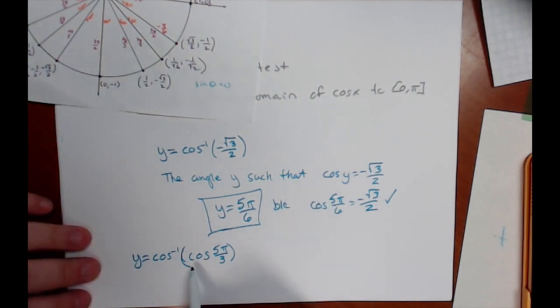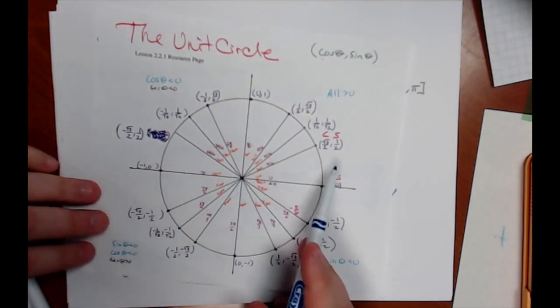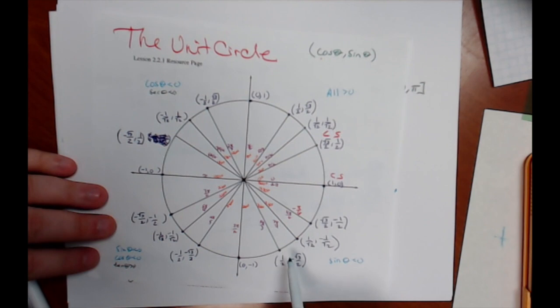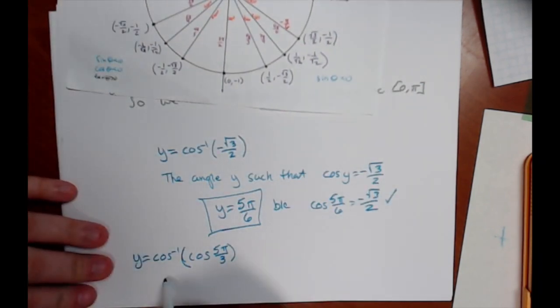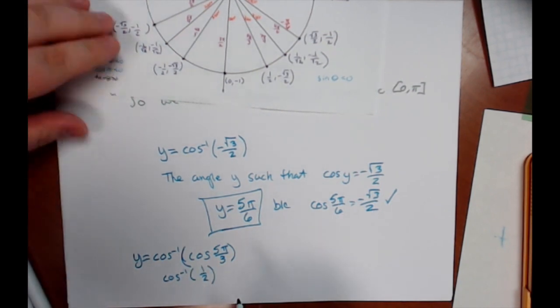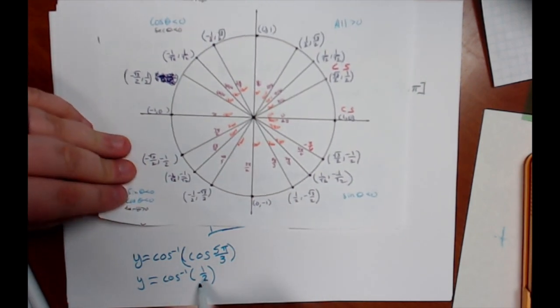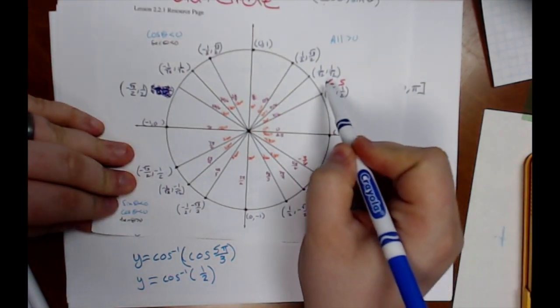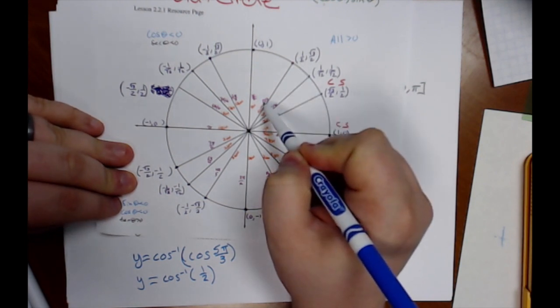Well, cosine of 5 pi over 3 is a half. So we have arc cosine of a half. And then y is the angle such that cosine is a half. So we start here. Now here at a half, we get pi over 3.